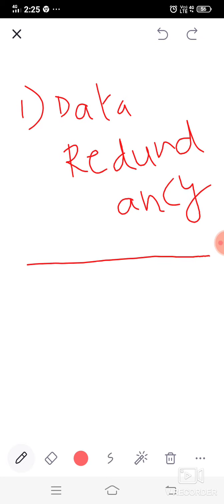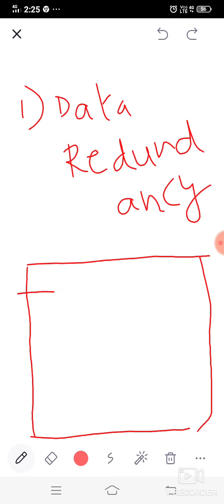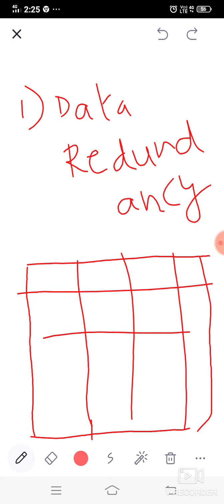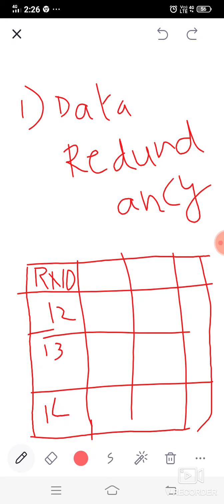Let us take one example to understand what is meant by data redundancy. Let us take the data of students. Let us take a roll number, something like 12, 13 and 14. The next one is the name, and the name is X here, also X here, and Y here.